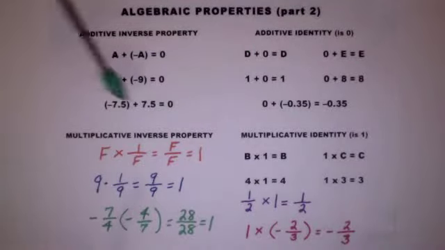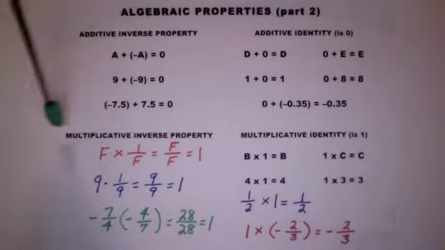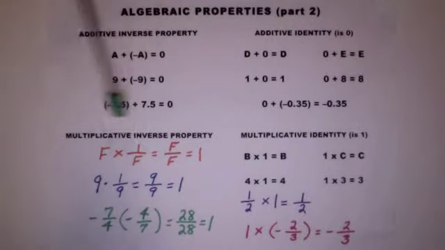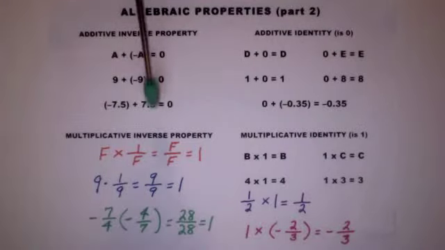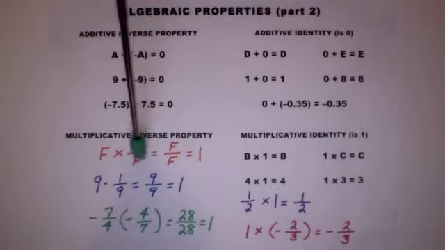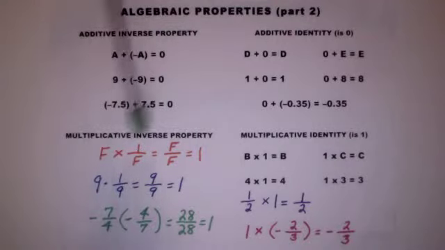The multiplicative inverse property is the way we eliminate something through multiplication. We have a number and then we multiply by its multiplicative inverse. The inverse of f, the multiplicative inverse, is 1 over f, the reciprocal.